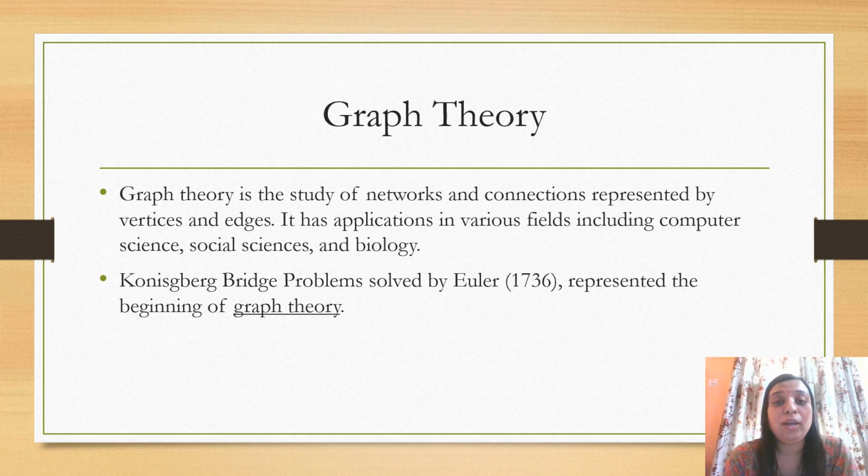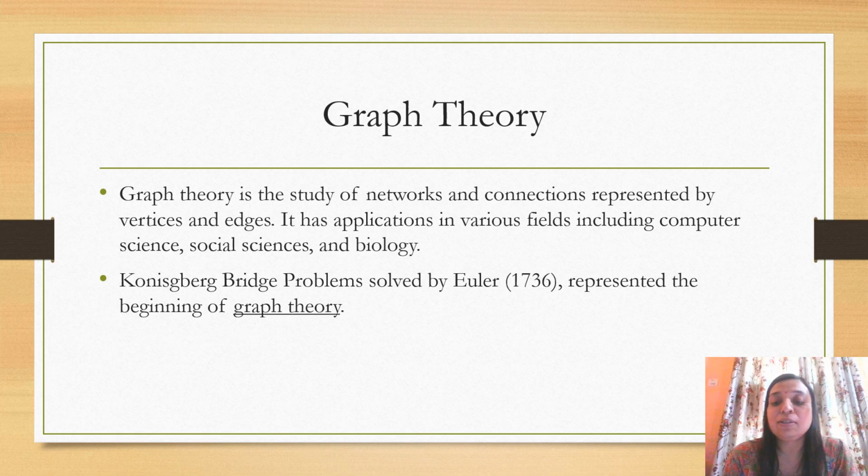Euler solved that problem in the negative, saying the problem has no solution. In his solution he used a structure of nodes and interconnecting lines, which later transformed into vertices and edges, and it paved the way for a new field, graph theory.